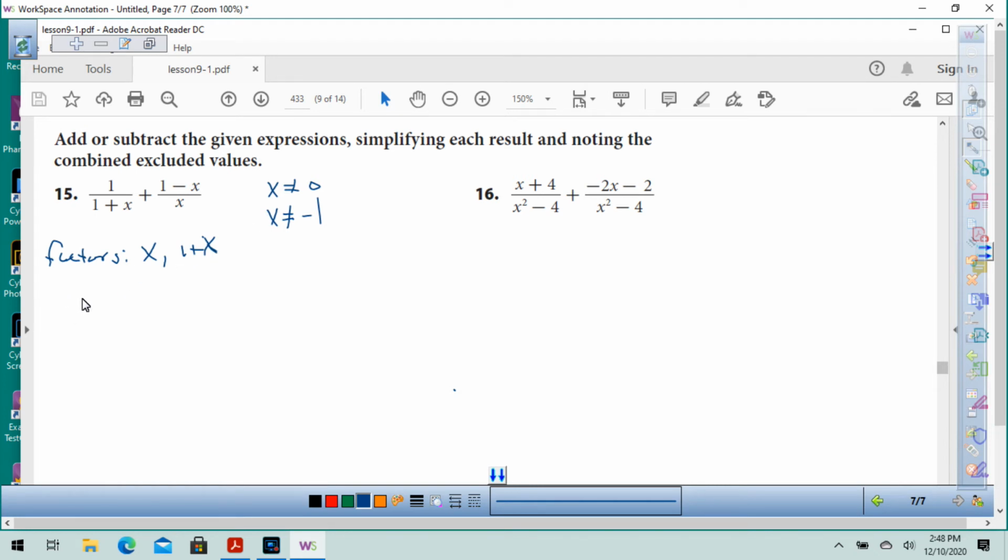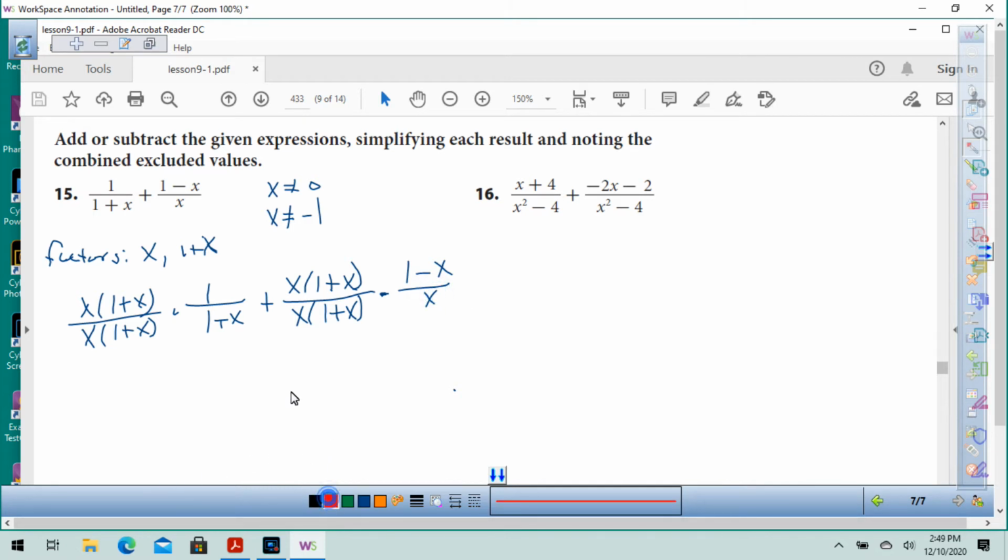So I'm going to have x times (1 plus x) over x times (1 plus x), times 1 over (1 plus x), plus, and then I got again x times (1 plus x) over x times (1 plus x), and that's going to be times (1 minus x) over x.